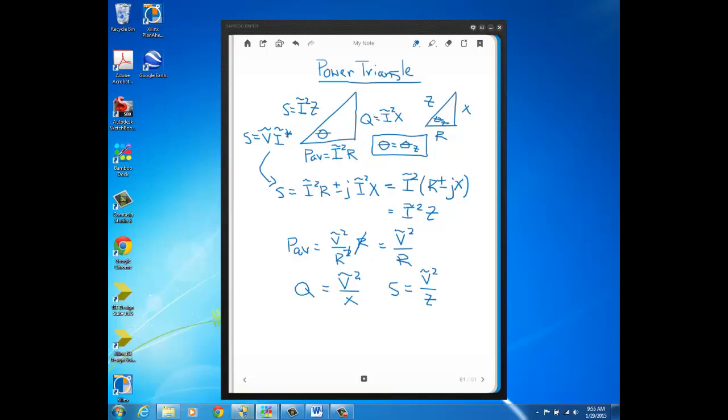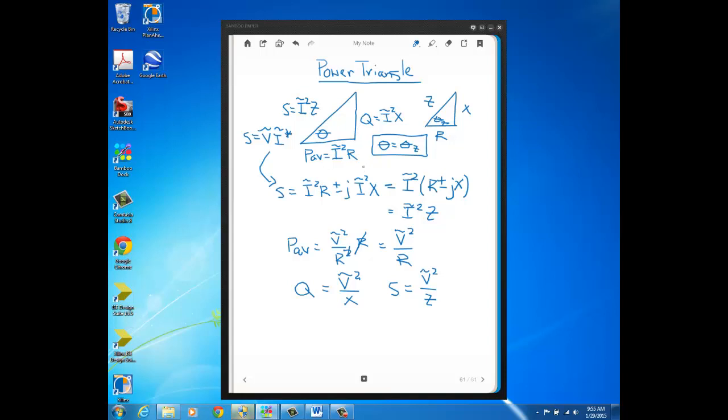And as I mentioned earlier, P average and Q are powers that are tangible, that you can actually measure, but S is something that you can't measure directly, but we think of S as being the total power to an impedance. So S is thought of as the total amount, and then that total amount is broken up into these tangible, measurable quantities, P average and Q.